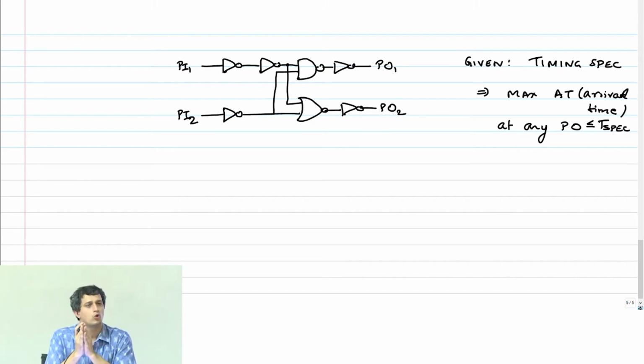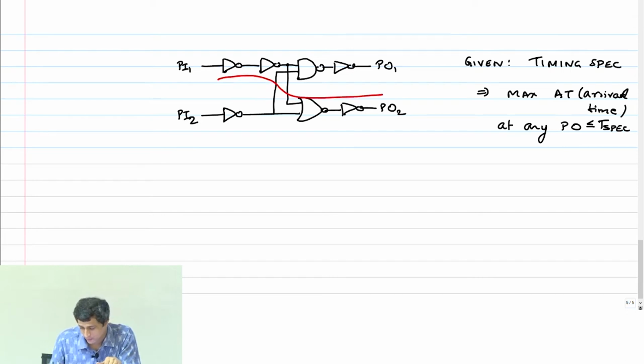We have learned how to optimize the path delay of a given path. The delay of a path we know how to do. Now clearly, because there are maximum number of gates in this path, we might say, okay, let us pick that path and optimize the delay of that path. It's a fair thing to do, because that's going to give you the largest delay. And if you ensure that the largest delay is less than T spec, then you are fine.